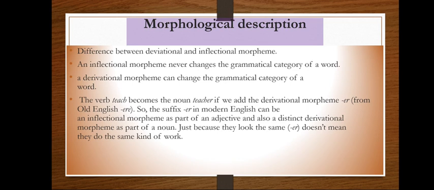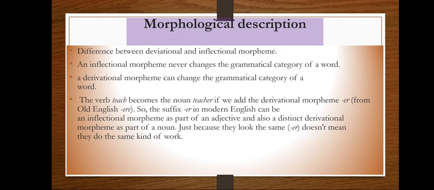Like in the word nicer, it is an inflectional morpheme because it does not change the grammatical category, because nice is an adjective and nicer is also an adjective. We are adding er at the end as a suffix, and when we add er at the end of the verb teach, it becomes teacher, a noun.